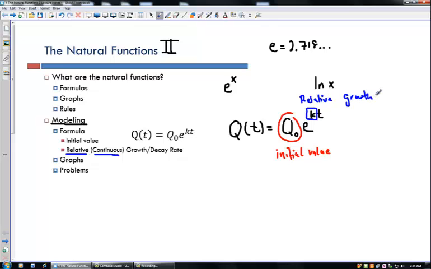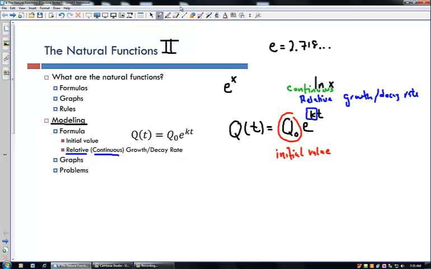If it's growing, we'll say growth, and if it's decaying, getting less, we'll say decay rate. You could also, though, call this the continuous growth / decay rate. This number will turn out to be important from the point of view, it'll tell us sort of how quickly it's growing or decaying.